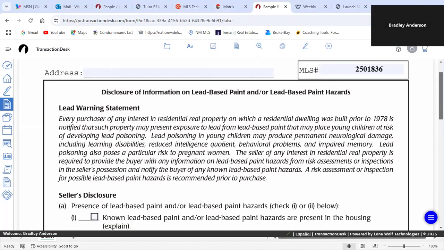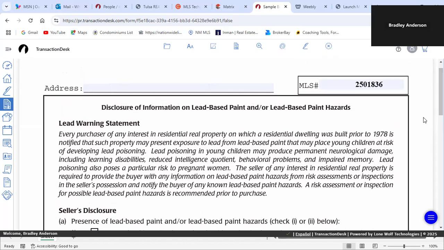Nationwide, the rule is that if a house was built before 1978, then lead paint was most likely used in some aspect of that home. Just as a point of differentiation, if the home was built in 1978, it doesn't apply. So it's 1977 and before that this applies to.